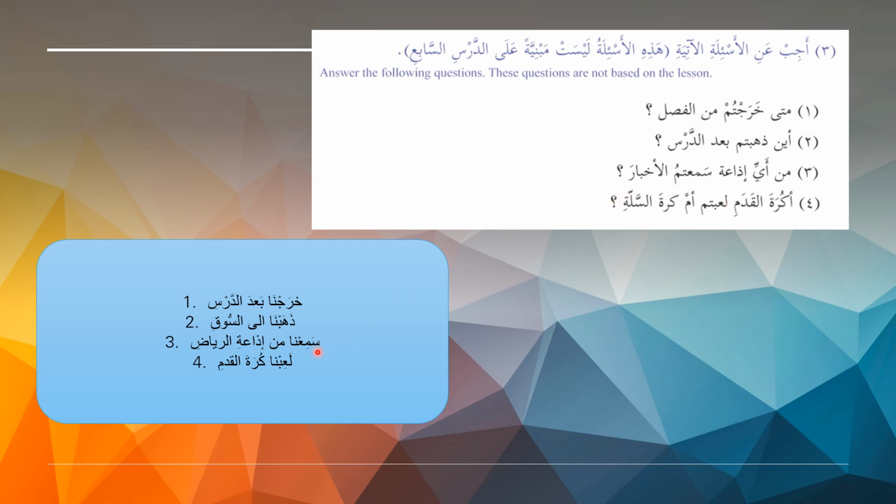So why am I using سمعنا, ذهبنا, خرجنا? Because all these verbs are attached to the male plural. خرجتم، ذهبتم، سمعتم. سمعنا من إذاعة الرياض. كرة القدم لعبتم. Again, لعبتم أم كرة السلة؟ So لعبنا كرة القدم. You can write any sport's name if you like.